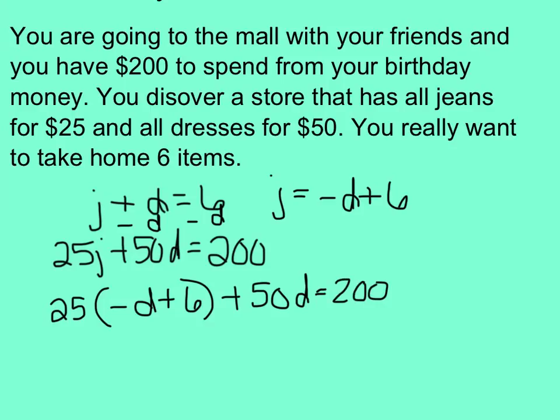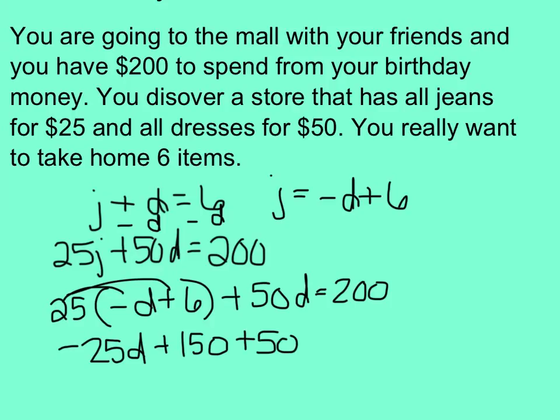So now we need to distribute. I have negative 25d plus 150, 25 times 6, plus 50d equals 200. Combine my like terms here since they're on the same side.